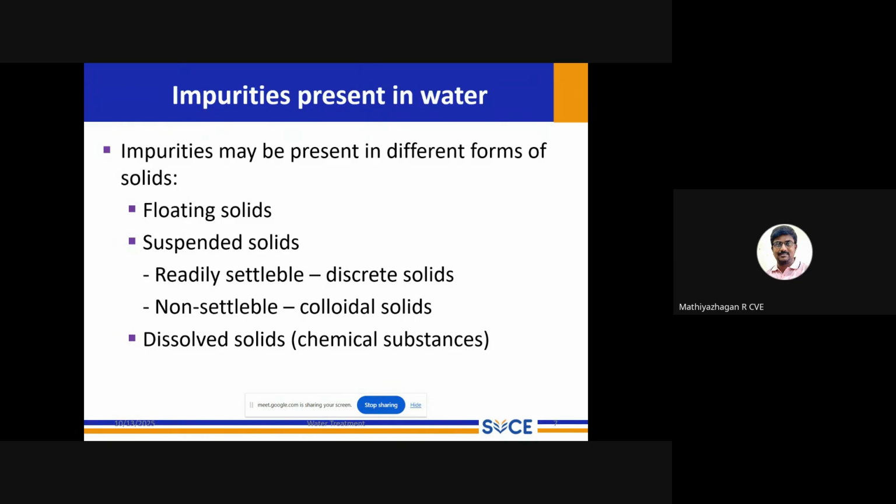Mostly our surface water in Tamil Nadu has TDS less than 500, or the desirable limit of 300, so we do not concentrate much on the treatment of dissolved solids. I'm talking about the conventional way of treating water. We are going to see the advanced water treatment to treat the dissolved solids. But for the conventional treatment, that is the water treated and supplied to the consumer, we go up to the removal of suspended solids.